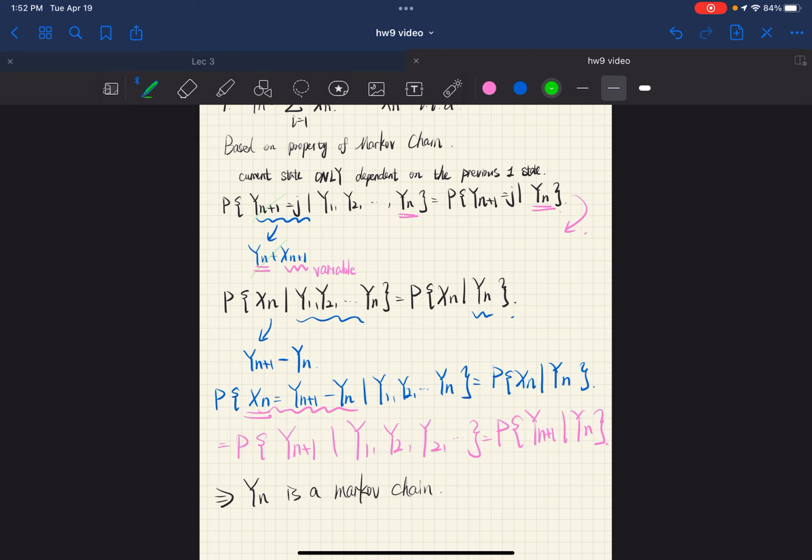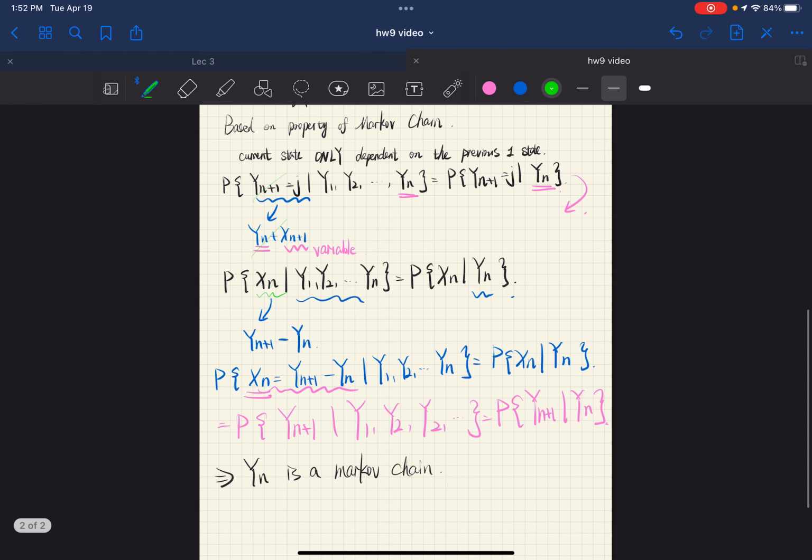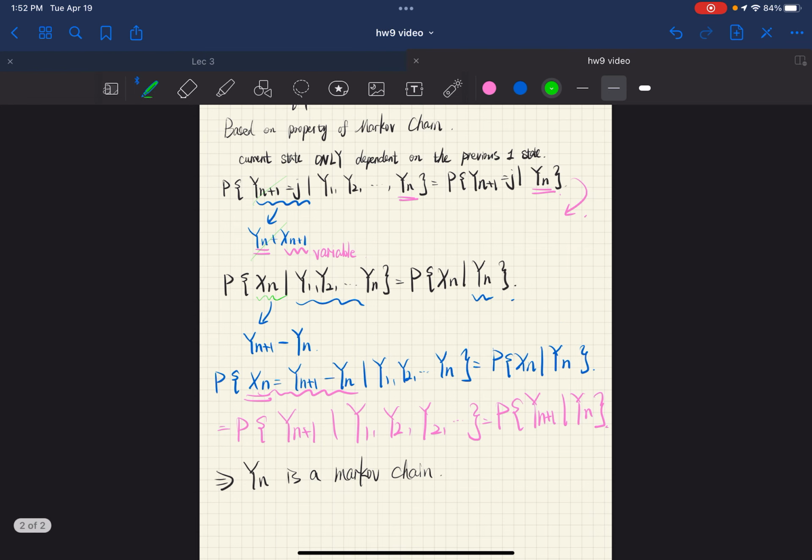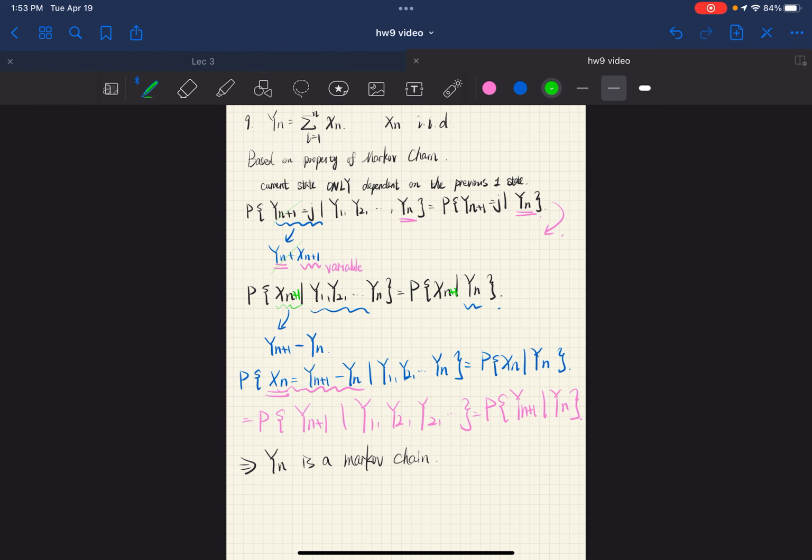So this will only be Xn here, and we can then use n plus 1 here, and we can then represent Xn plus 1 equals Yn plus 1 minus Yn, and after some rearrangement we get that Yn is a Markov chain because it follows the probability of a Markov chain.